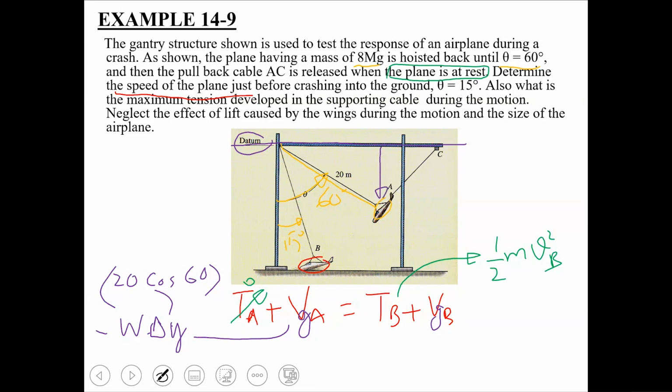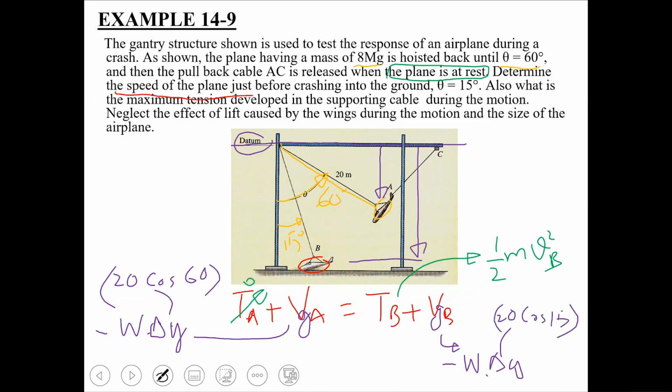Okay, now coming to the gravitational potential energy at position B, since position B also lies below the selected datum, it is going to be again minus W times delta Y, but now delta Y for position B is going to be this delta Y. This should have a value of 20 cos of 15, isn't it?